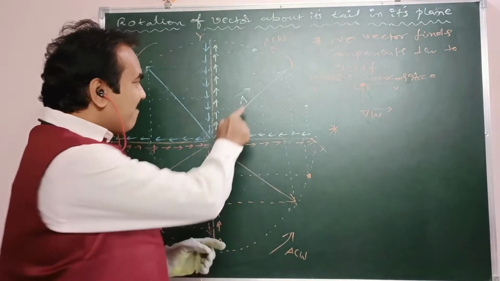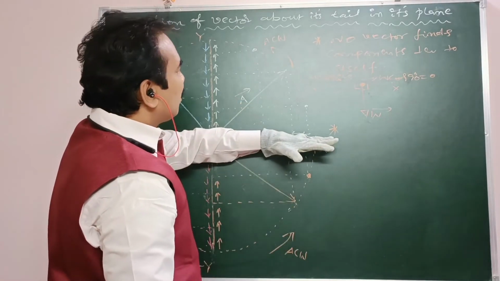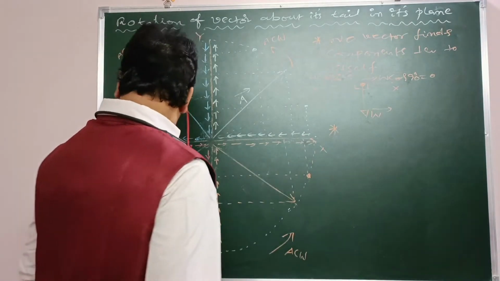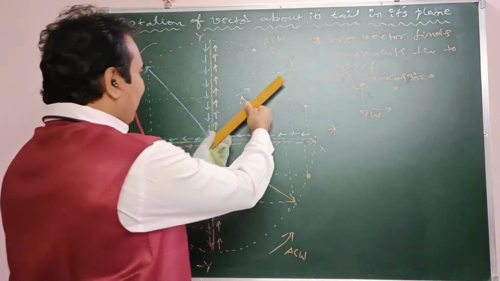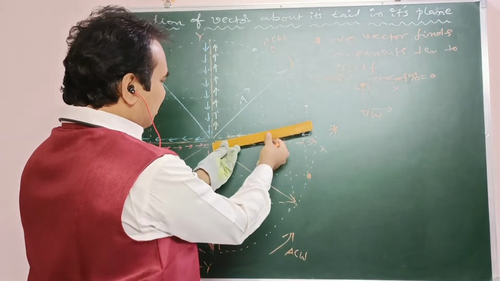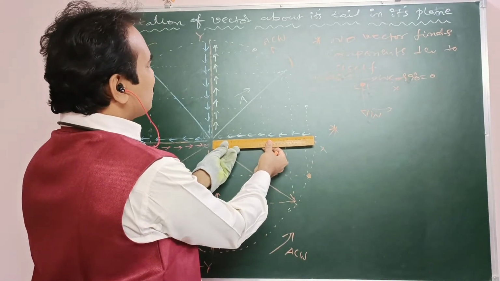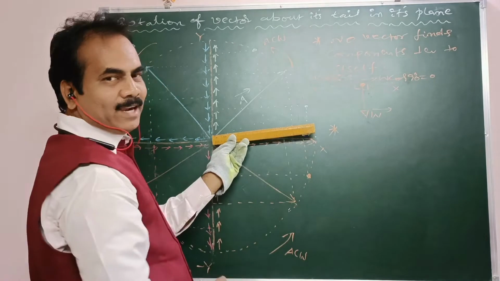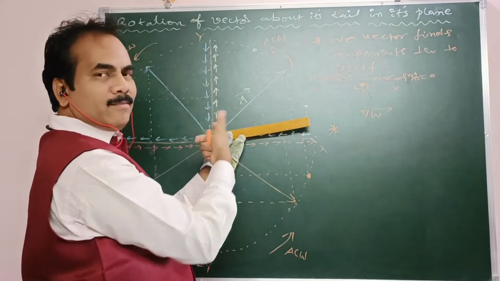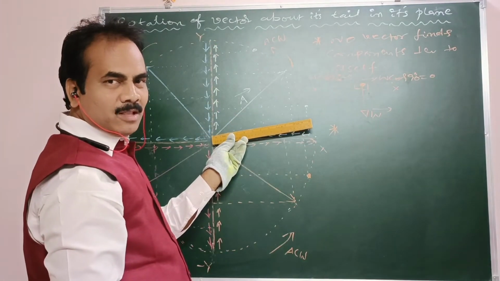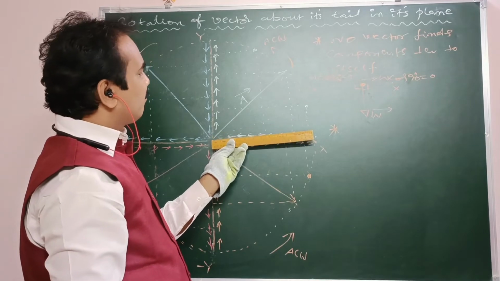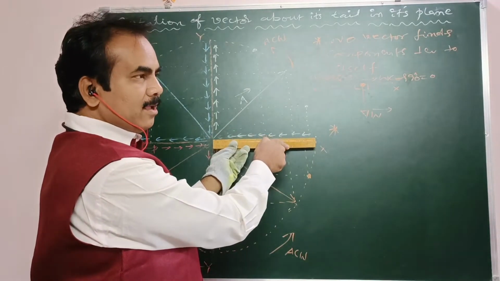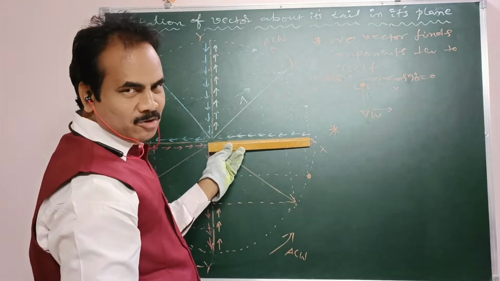Okay. The same vector comes here. What happens? X coordinate becomes equal to the total magnitude. See, the same vector aligns in the positive x direction, means x coordinate is equal to the total magnitude of the vector. What about y coordinate? Becomes 0. Means a component of a vector may be equal to its total magnitude.